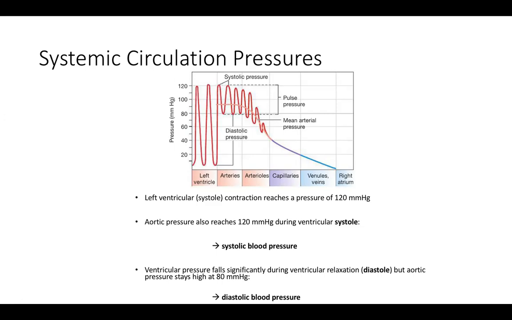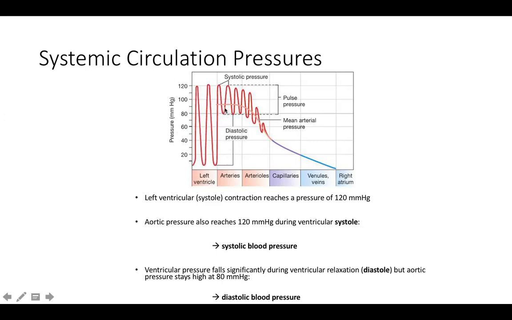Well, when the pressure in the ventricle decreases, those elastic fibers are recoiling and propelling blood forward. The pressure in that artery goes down. It never quite goes down as low as the ventricle. At the very base of diastole, the pressure in the artery only goes down to about 80 millimeters of mercury. It doesn't go all the way down.